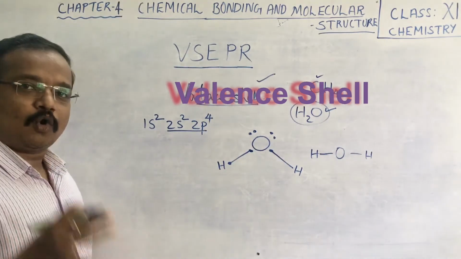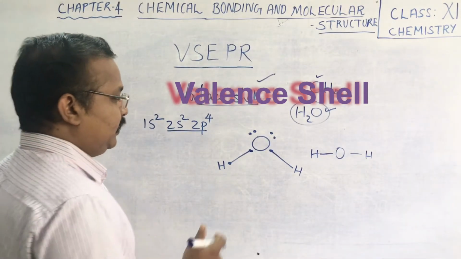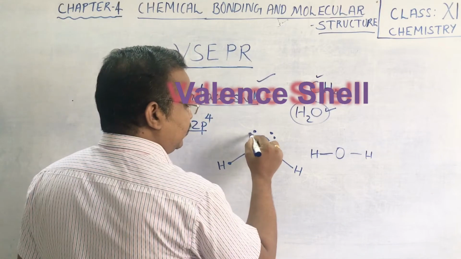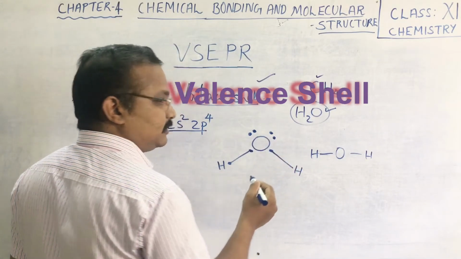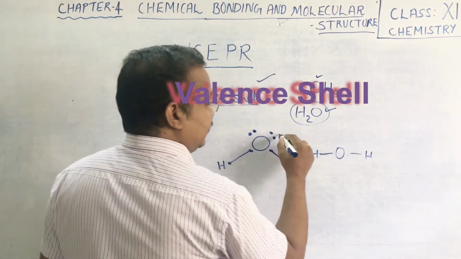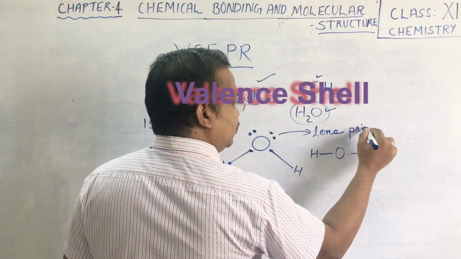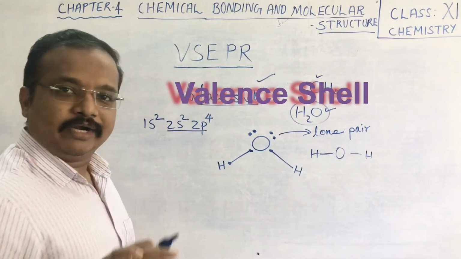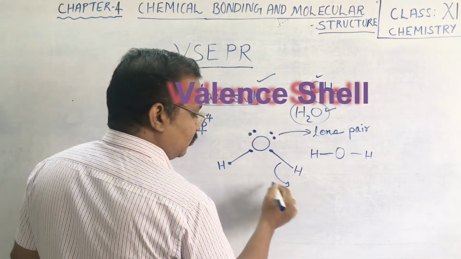According to valence shell electron pair repulsion theory, this lone pair means, children, what do you mean by lone pair? Lone pair means the electrons which are not participating in bonding.